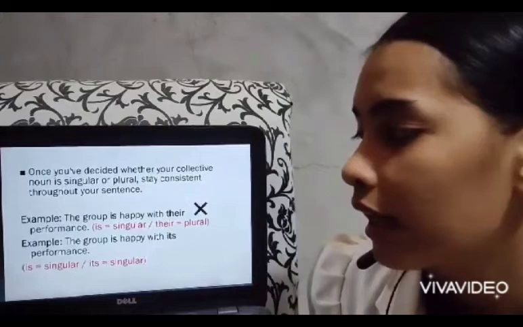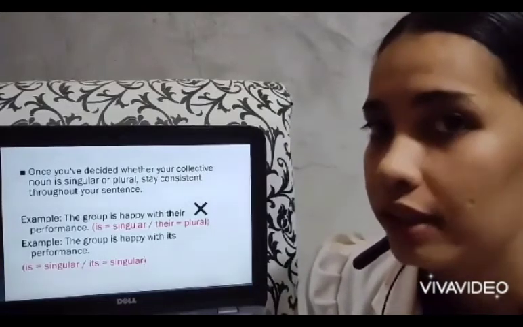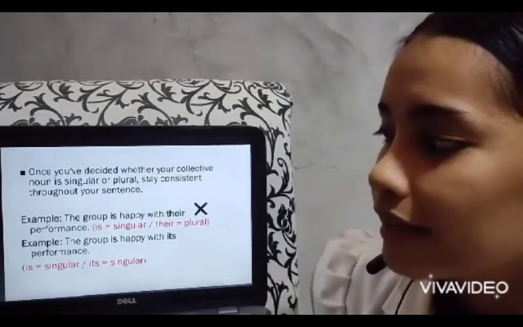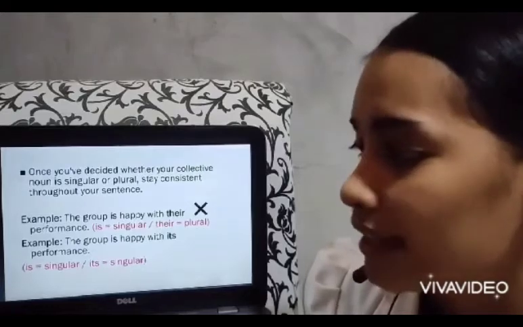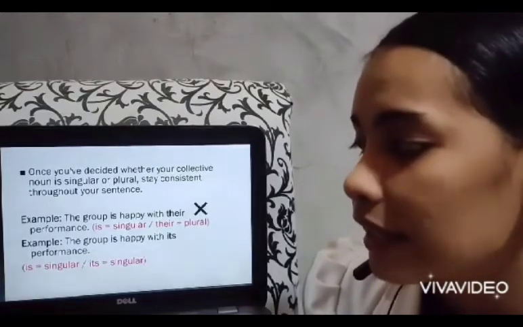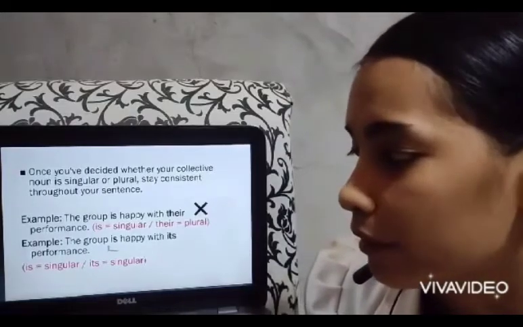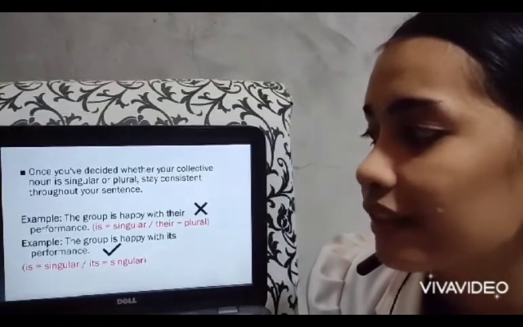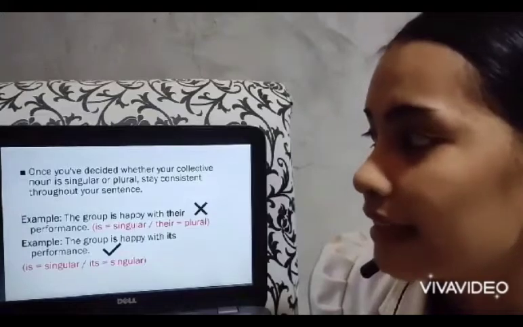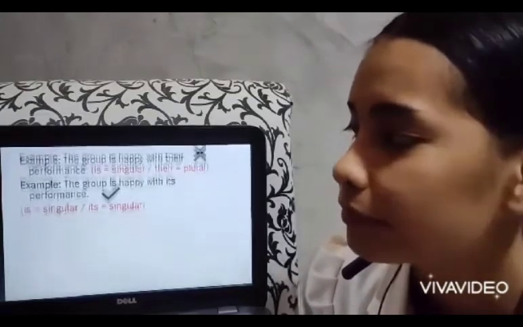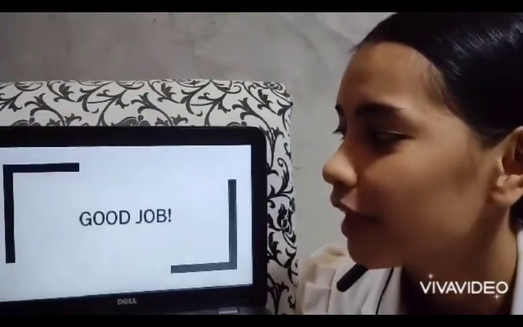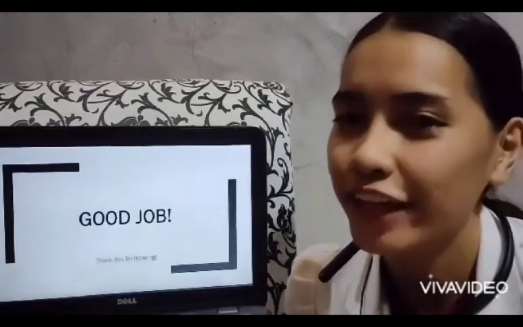Are is plural and their is plural. For the next example, the group is happy with its performance. Is is singular and its is also singular. Therefore, the sentence is correct because the sentence is consistent. Good job! Thank you.